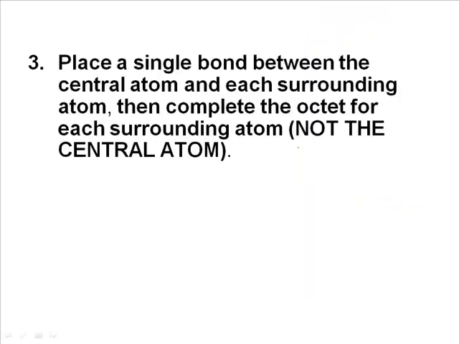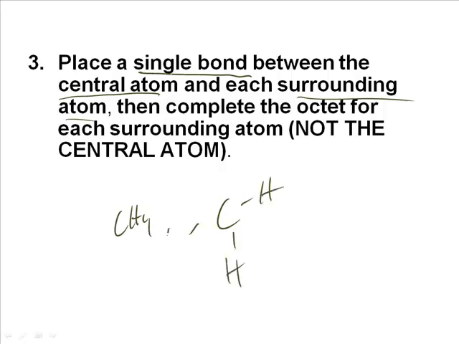Okay, and then once you have your one in the middle and the other ones around it, you place a single bond between the central atom and each surrounding atom. So let's say CH4, you've got your carbon, and then you place a single bond between them. And then let's look at SF4. So we put one in the middle.